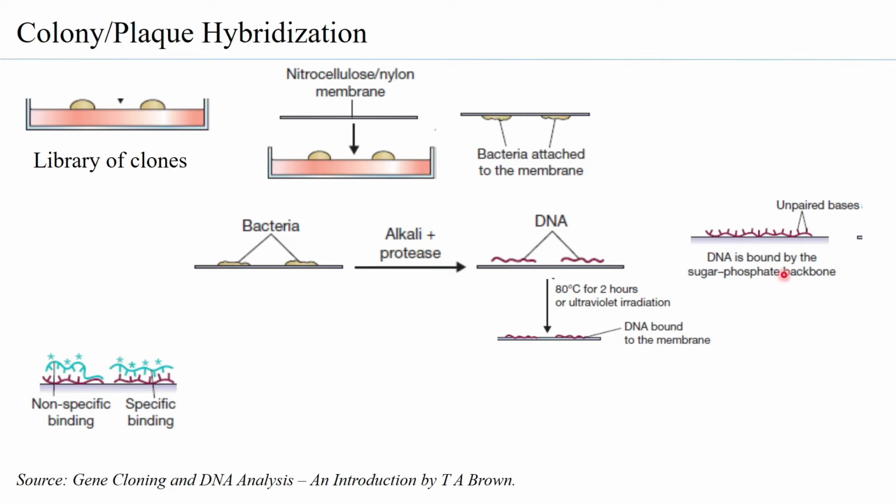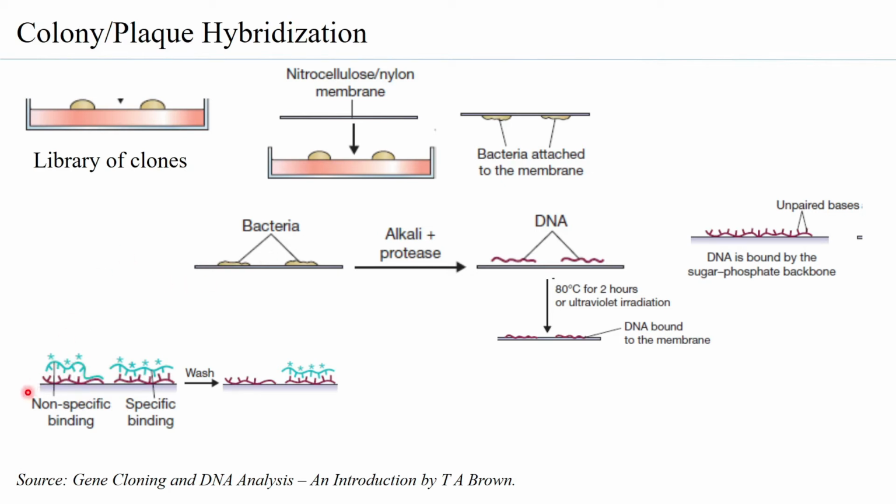So suppose this nylon membrane is now put in a solution that contains the probe, and the probe has to be labeled. So it can either be a radioactive label or a non-radioactive label. If there is complementarity, then the probe will bind to the DNA that is attached or immobilized on the nylon membrane. Now this is washed thoroughly with buffers so that excess of the probe is removed.